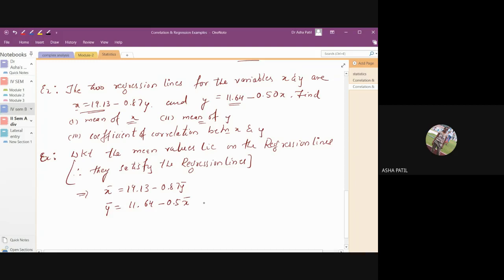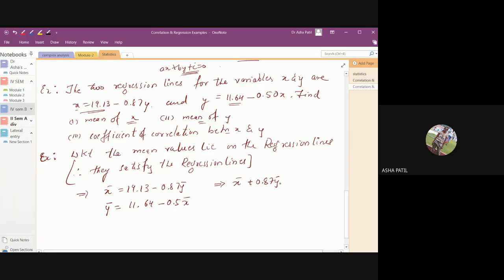While using your calculators, better you put the equations in the form a x plus b y equal to c. Will your calculator take it in the form plus c equal to 0, or equal to c? Equal to c.